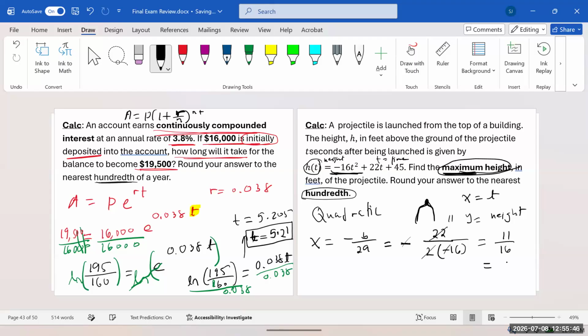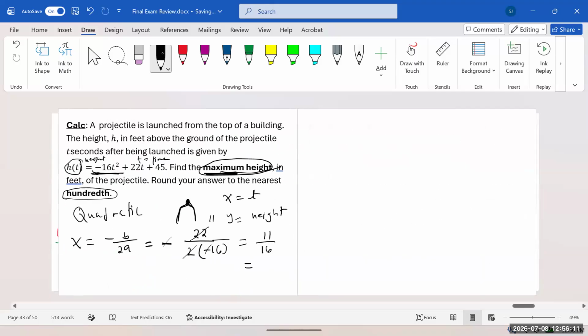You can put the decimal, or you can put the original fraction. If you put the original fraction, that would be more accurate. But what is 11 over 16 in decimal? Does it continue, or does it stop at 4 digits? It's up to you whether you want to keep the decimal or 11 over 16. Whatever is easier for you, okay?